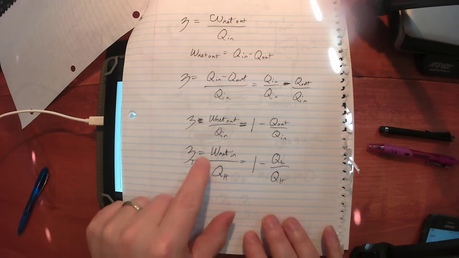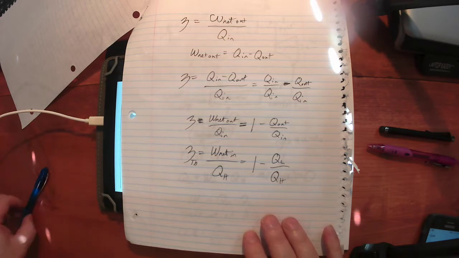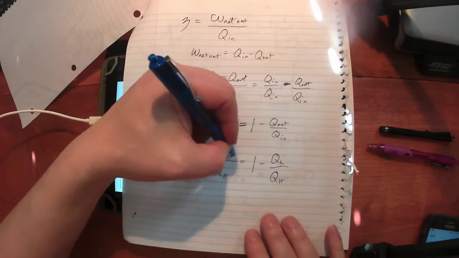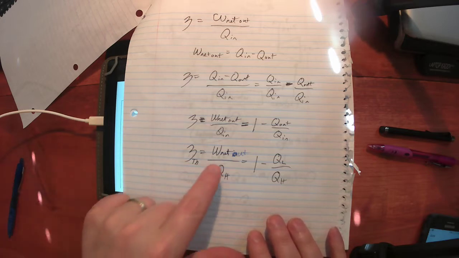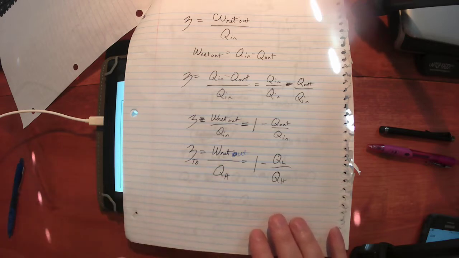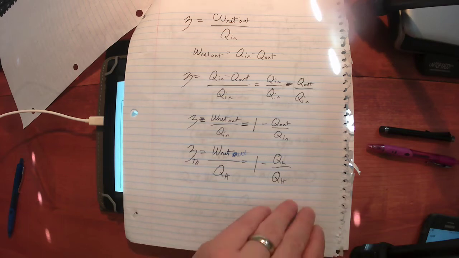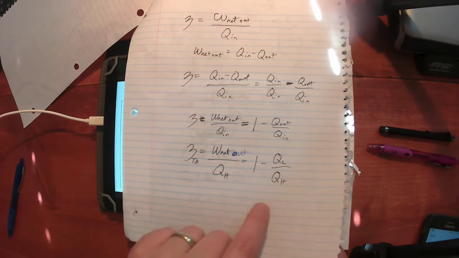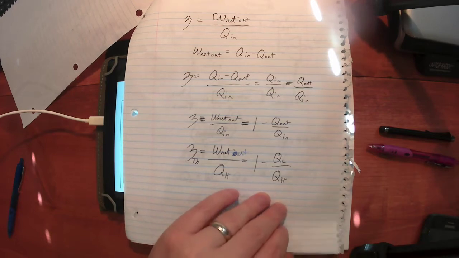The efficiency ends up simplifying as the net work out divided by the heat required to do that, and it's also equal to 1 minus QL over QH. So we can write this efficiency, or the performance, as a function of the ratio of heat transfers, which is going to become more important a little bit later. Okay.